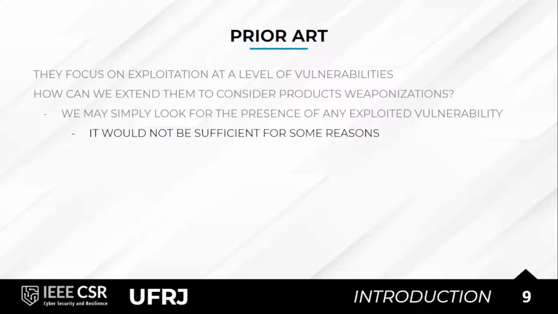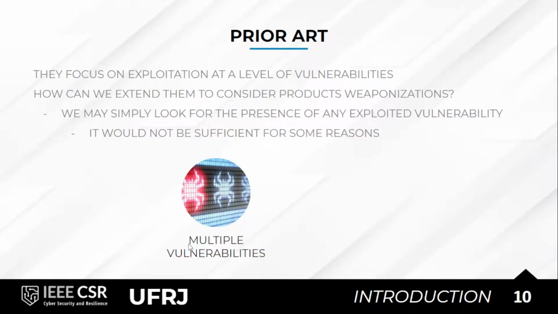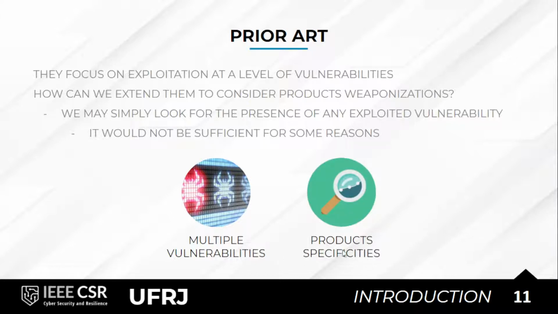The first factor is that exploits may need to make use of multiple vulnerabilities to be effective. Therefore, if the product contains only some of these vulnerabilities, it will not be enough to enable an exploit event. On top of that, exploits can take advantage of some specificity of a version of a product, and even if vulnerabilities are present in multiple versions of a product, exploits may be available only for a subset of these versions.